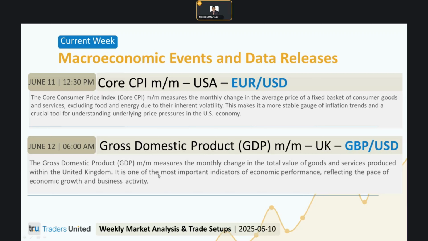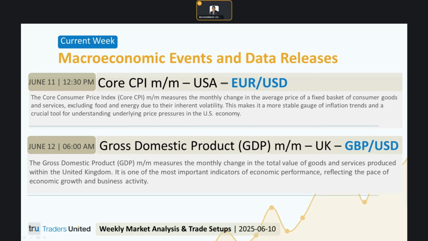The next one is the gross domestic product, the GDP, month over month in the UK. So what is GDP? The gross domestic product month over month measures the monthly change in the total value of goods and services produced within the United Kingdom. It is one of the most important indicators of economic performance, reflecting the pace of economic growth and business activity in the United Kingdom.